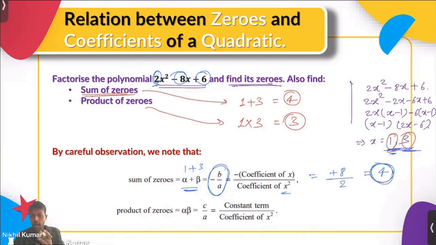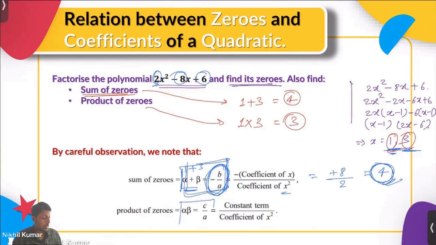Wow. So alpha plus beta, or the sum of the zeros, is coming out to be exactly the same as minus b by a.